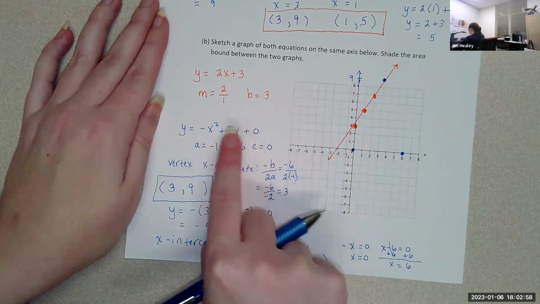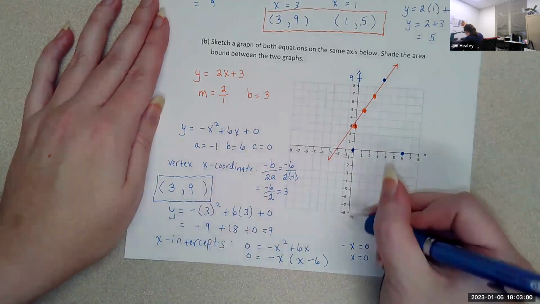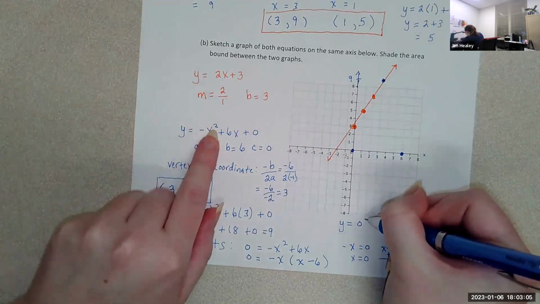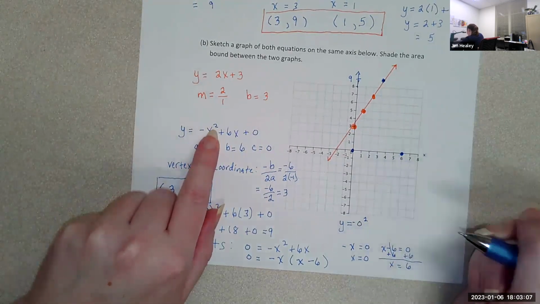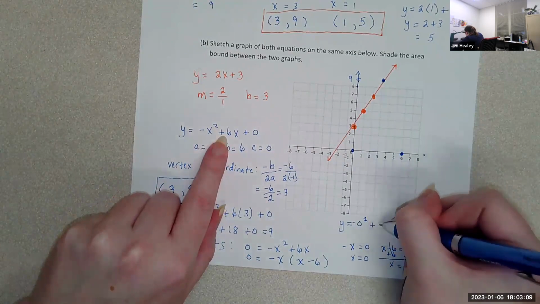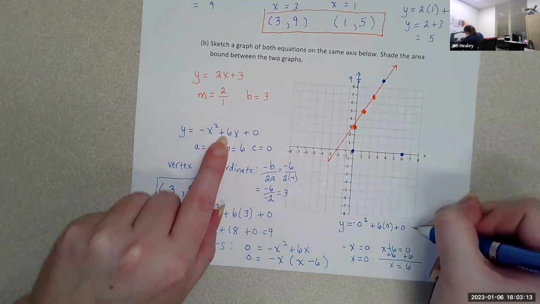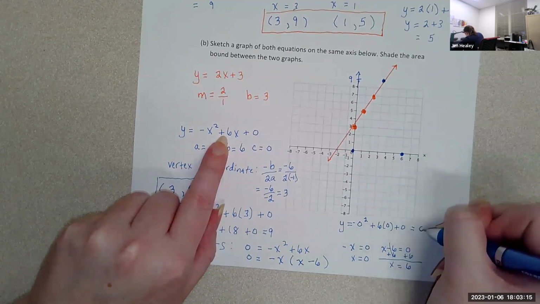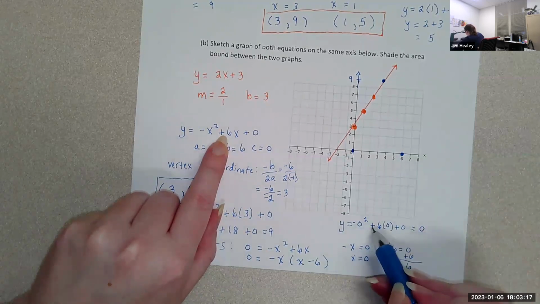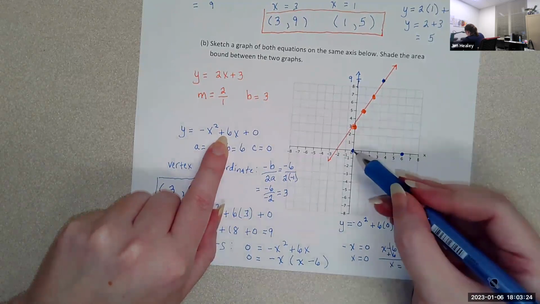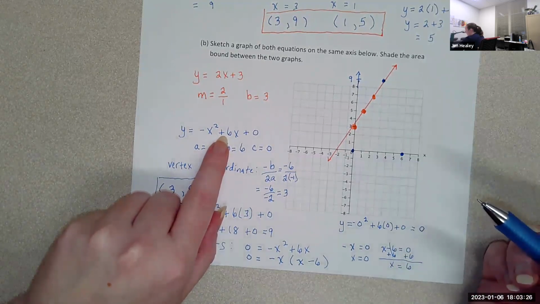Or you could plug in the 0 for the x. So y equals negative 0 squared plus 6 times 0 plus 0. Well, that's 0, because this is 0 plus that 0 plus another 0. So the y-intercept for this parabola is also 0. So we didn't get any additional points out of that.